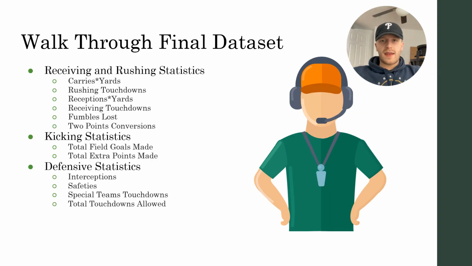Similarly, we see that our total rushing and total receiving features have replaced their related variables. I also want to call out that we no longer have individual field goals made broken down, as these are captured by total field goals made. Lastly, we also see that we have our total touchdowns allowed rather than rushing and passing touchdowns allowed.